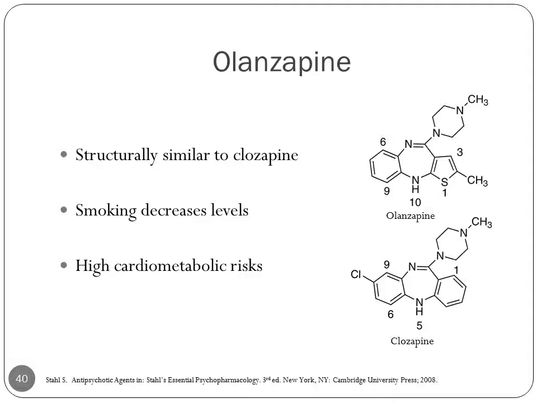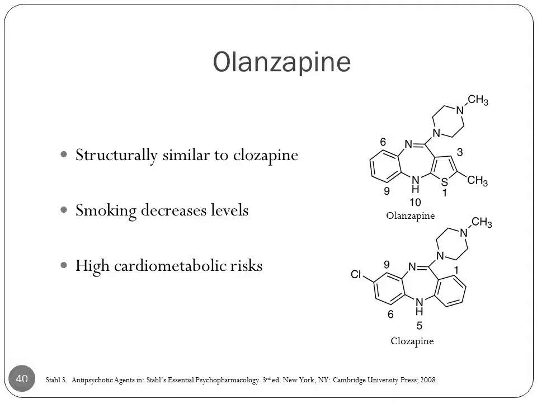Of the second-generation antipsychotics, olanzapine is closest in structure to clozapine than any of the other agents, so therefore, it's kind of hypothesized that olanzapine is also perhaps more effective than some of the other agents, but this isn't always panning out in clinical trials. And some of the side effects are also similar.